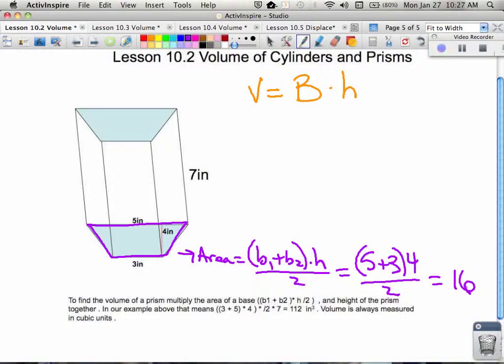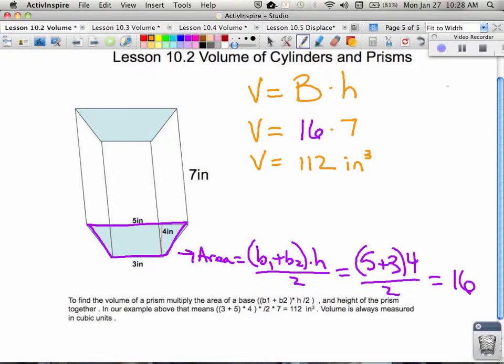This number now becomes the area of the base. And then, going back to my formula, I know I take the area of the base of that trapezoid, and then just multiply by the height of the prism, which happens to be 7. And so then when I multiply those two things together, I get a grand total of 112. And since my measurement was in inches, once again, it's inches cubed.